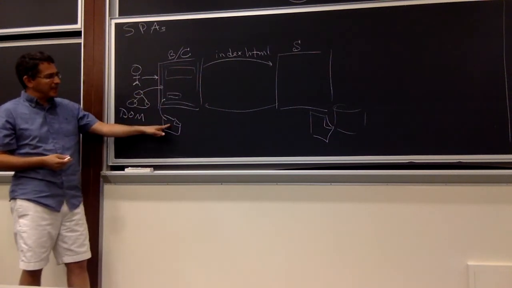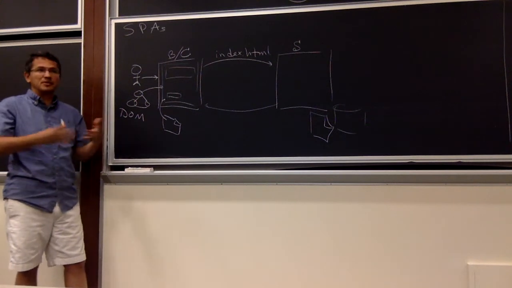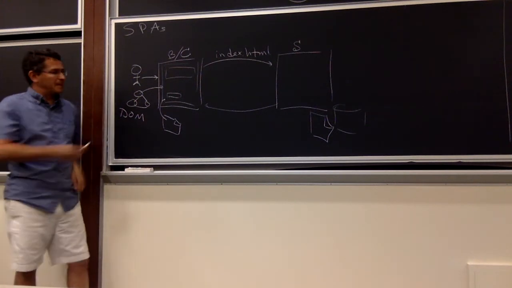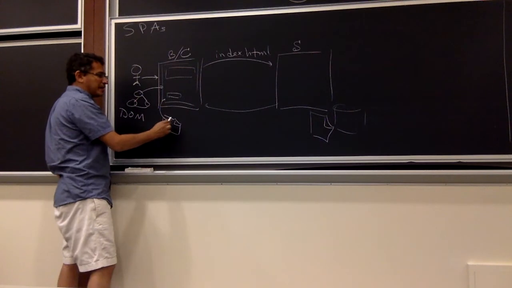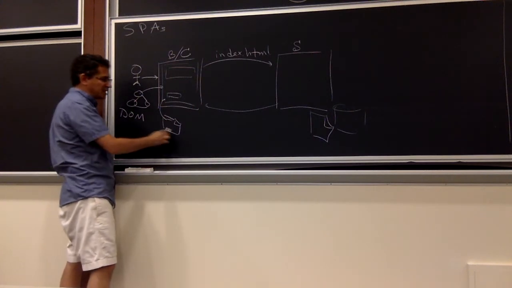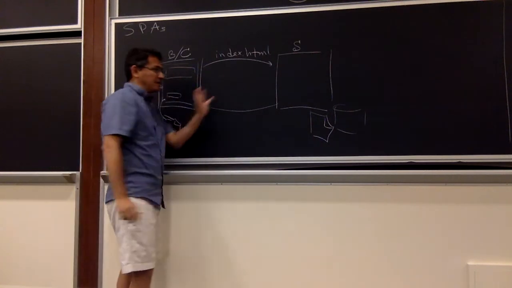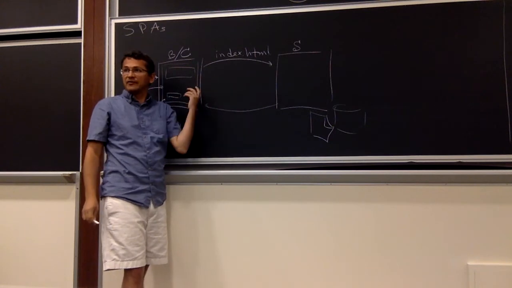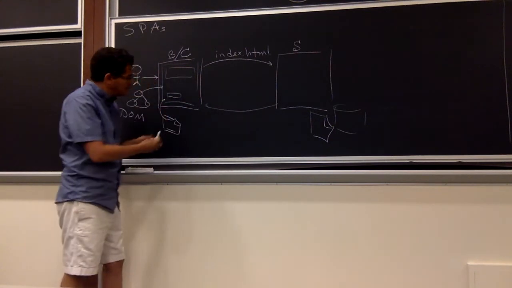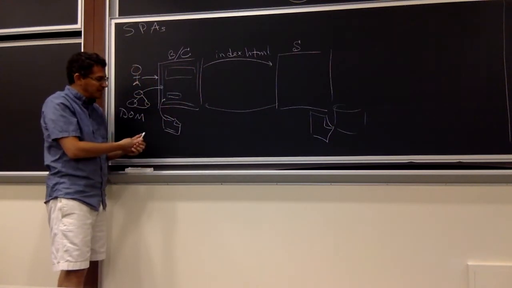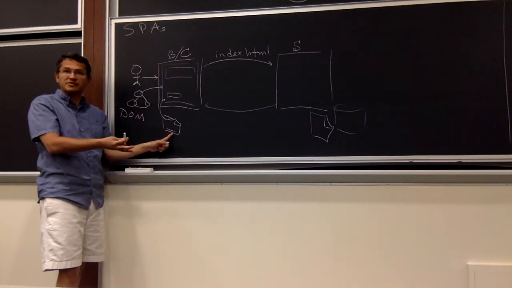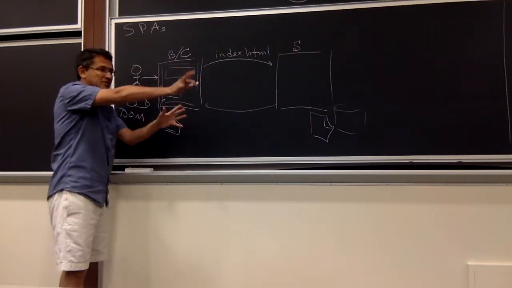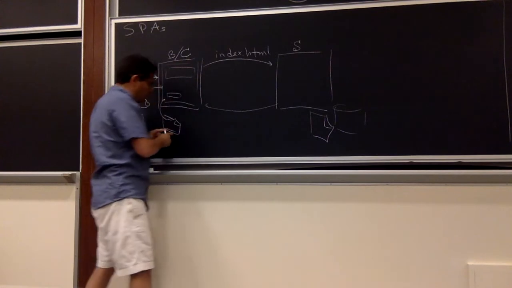Now this index page is going to have references to other resources. It might have references to some images. Some of those images might live on the original server that this was downloaded from. So the browser parses this HTML document and sees all these other references, so it goes and fetches them. It goes back and says, ooh, you want an image?